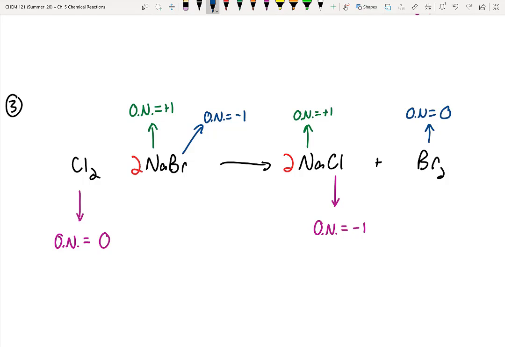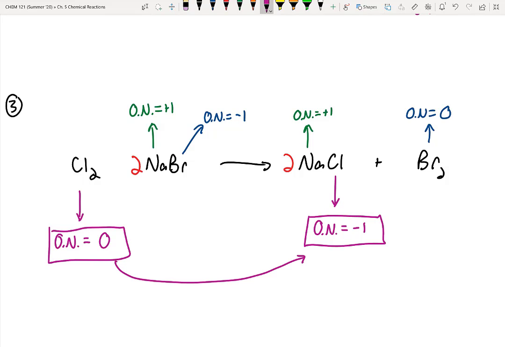Okay, so now let's do one atom at a time. I'm going to start with chlorine, and follow it from my starting material side to my product side. So it looks to me like we went from 0 to negative. We must have gained an electron, right? Because it's getting more negative. So I'd write that each Cl gained 1 electron.